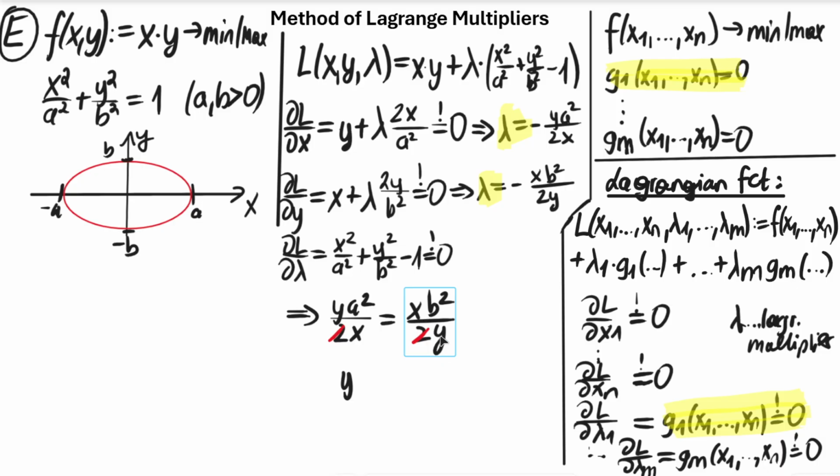So you move this y also to the left side here, so we have altogether y squared is equal to, the x to the right side, x squared b squared divided by a squared. So we do not take the square root here, as we use it directly now in the constraint equation. This y squared appears also here in the constraint equation.